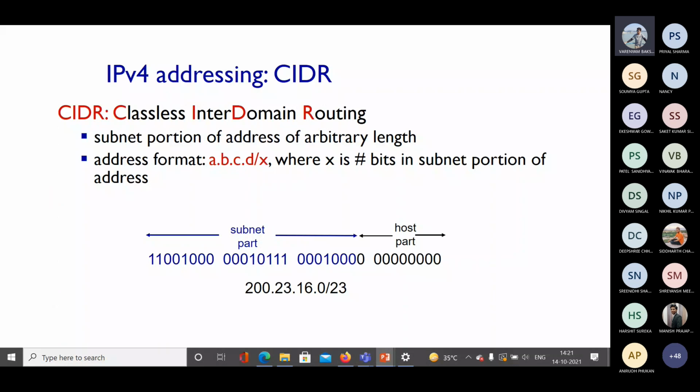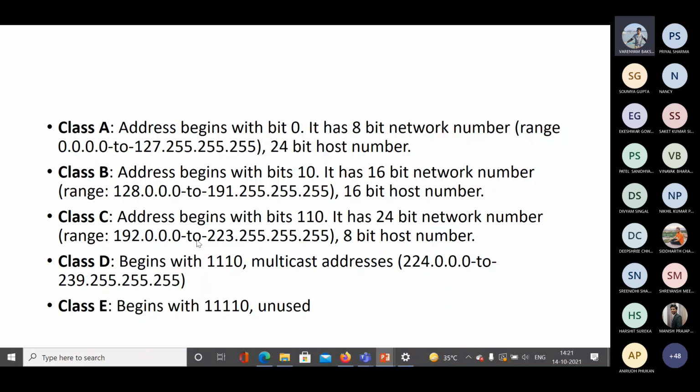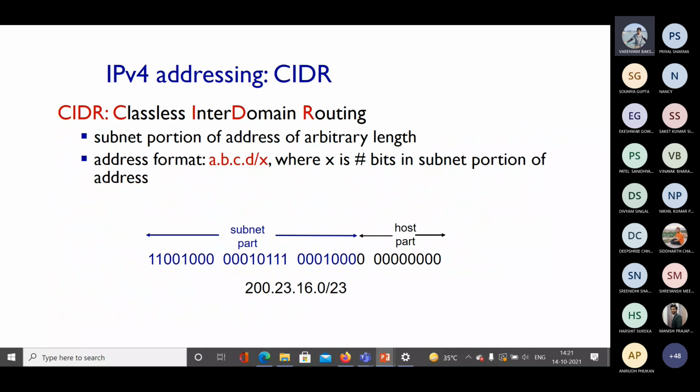Now, with this kind of categorization, you are basically limited in how many addresses you can have, and also some of the addresses are not used here. So instead of using this kind of addressing scheme, a new addressing scheme was proposed, called classless interdomain routing. So there's no class as such.